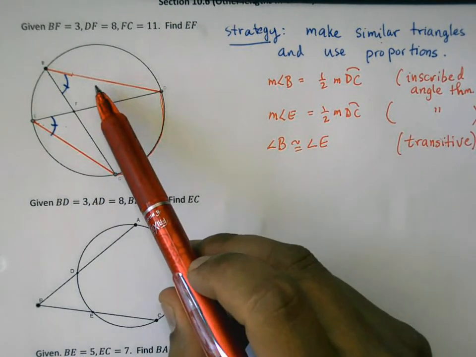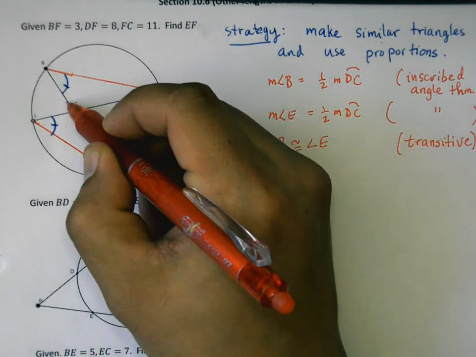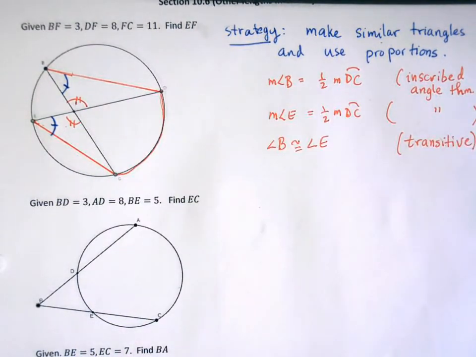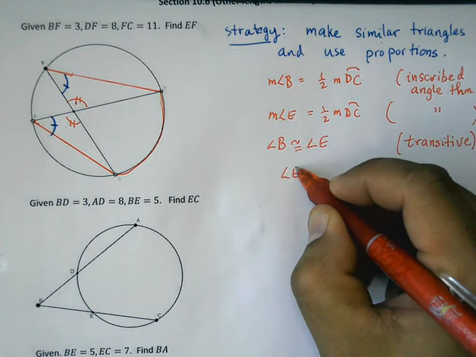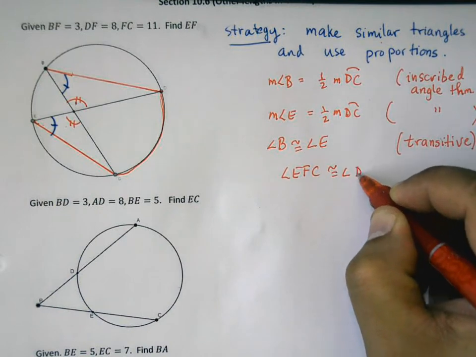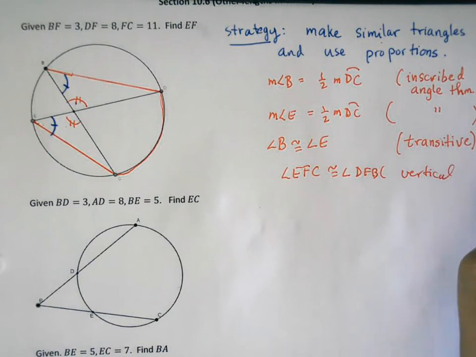We also have a very helpful result in the middle, that these two angles here are congruent because they are vertical angles. So EFC is congruent to DFB because they're vertical angles.